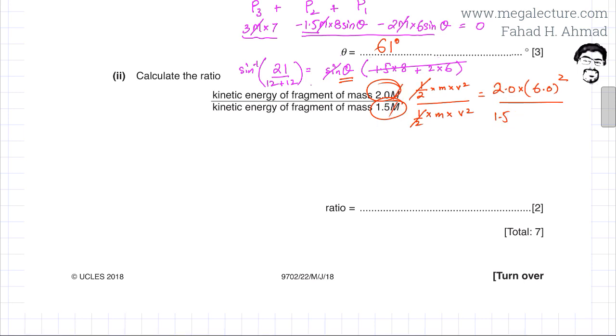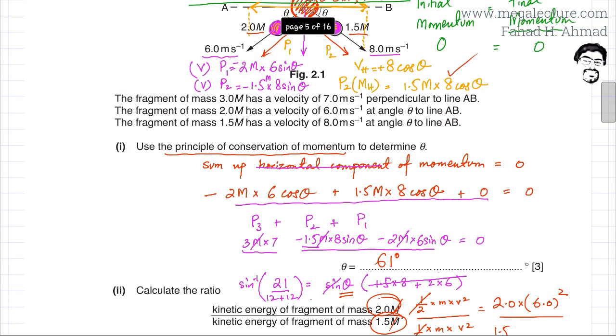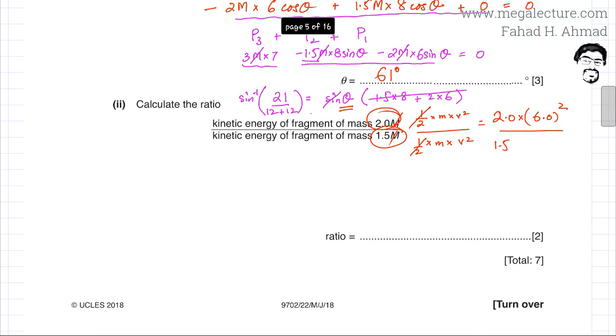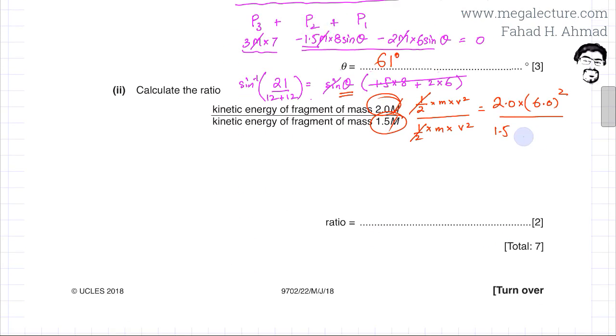And let's find the velocity of the 1.5m particle. If you look over here, the velocity is given as 8 meters per second. So it's going to be 8 meters per second squared. And the ratio that I'm going to get is 0.75. So that is the ratio that I am getting.